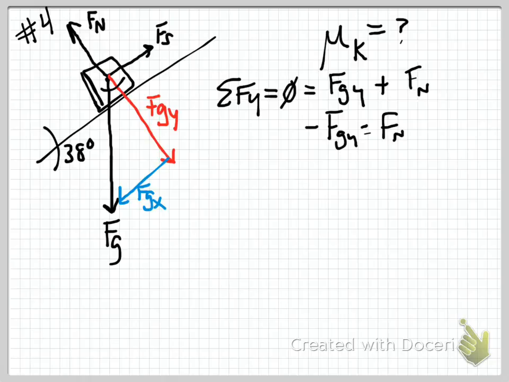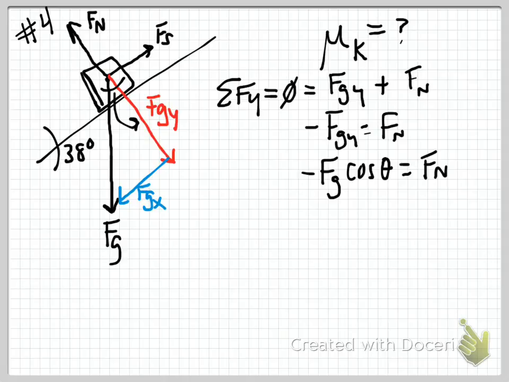Can we break that expression for F of Gy down any more? Negative of F of G times what? Cosine? You got that 38 degrees from number 3. Okay. Now, can you break that down any further?